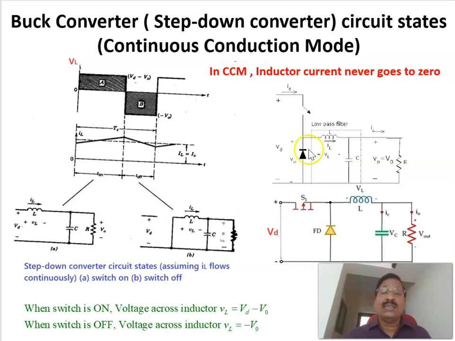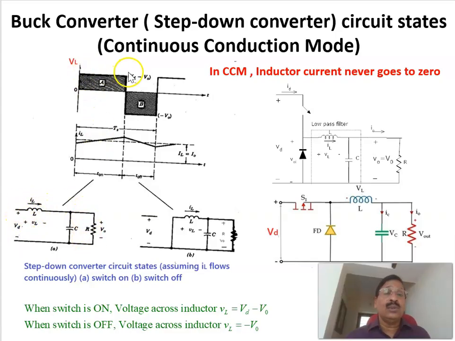The voltage across the inductor can be found using Kirchhoff's voltage law. From the KVL equation, with input voltage VD and average output voltage V0, the voltage across the inductor is VD minus V0.